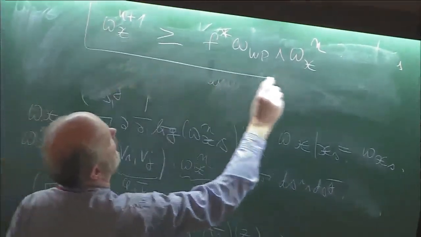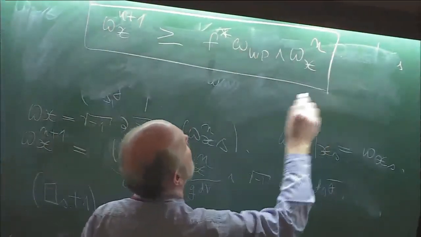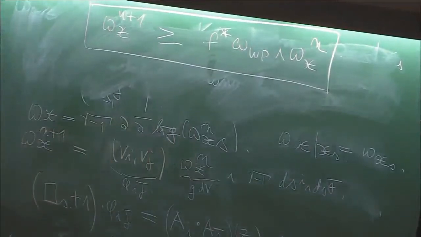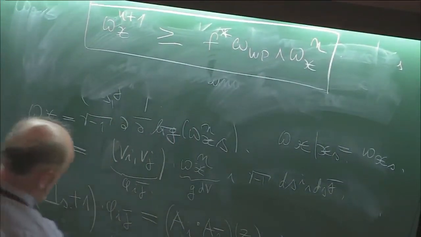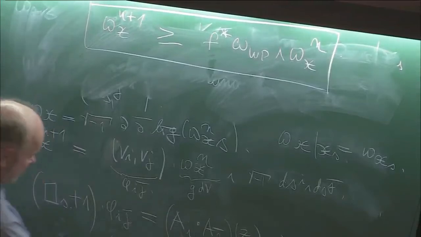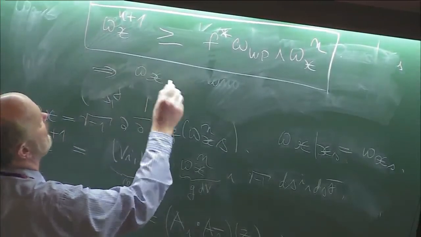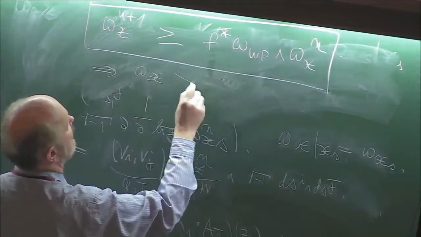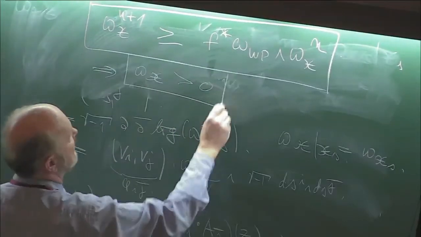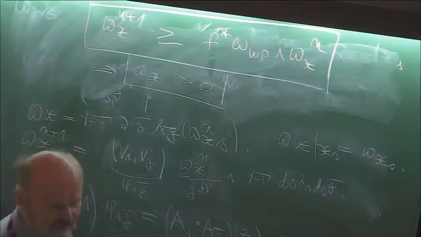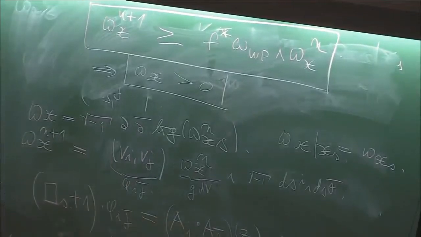All right. And so this is basically the claim. From this thing, we can see that omega x itself is strictly positive definite. Okay, so thank you very much. This is what I wanted to say.